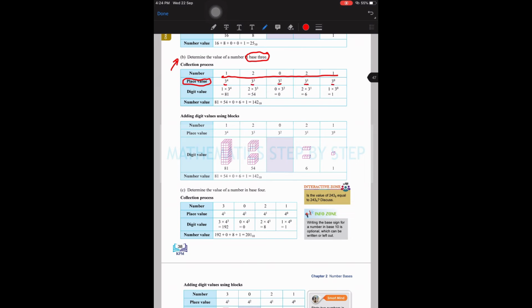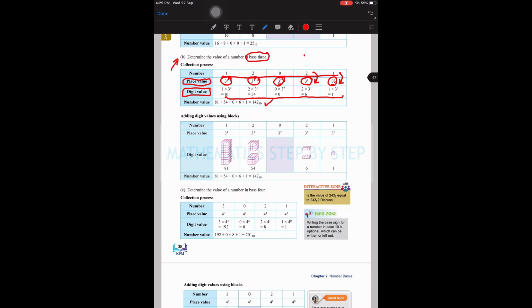Always starts from power 0. So 3 to the power 0, 3 to the power 1, 3 to the power 2, 3 to the power 3, 3 to the power 4. And then we also learned about digit value. This times this times this, and so on and so forth. So we get all these values, and then when we add them up, we get 142 base 10.